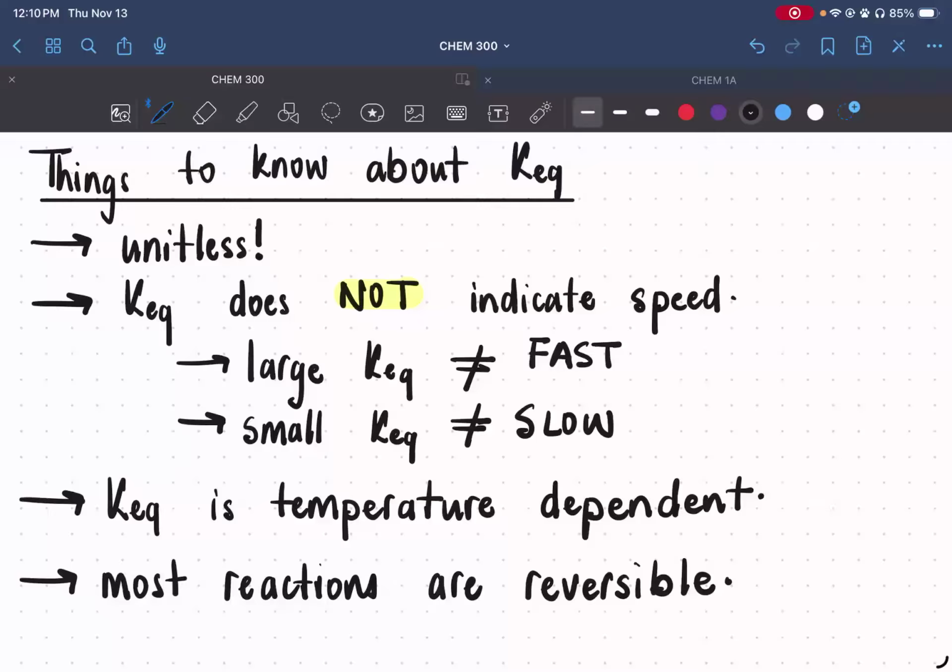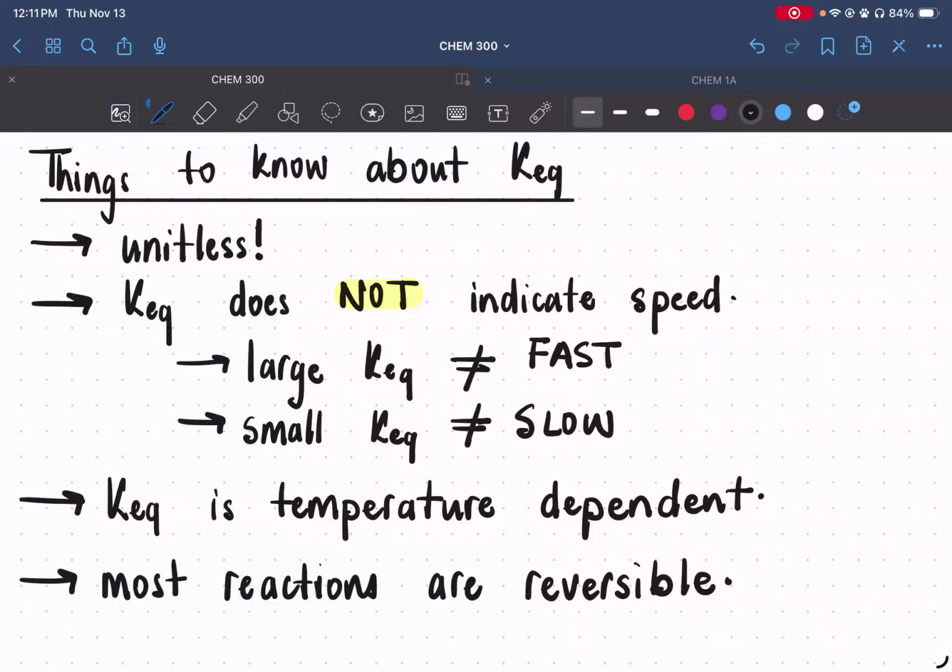It means it can go in both directions. We talked first about the example of ice melting. We're not saying that ice melts fast. We're not saying it melts slow. We're just saying it's reversible. You can melt ice. You can freeze water. You can boil water, turn it into a gas. You can condense the gas, get back your liquid water.